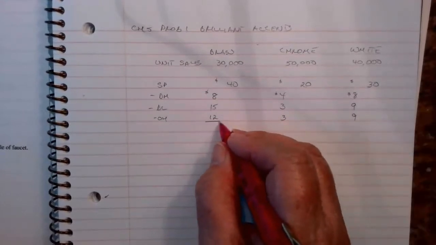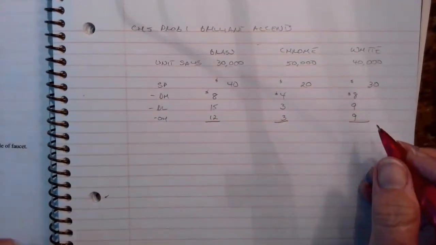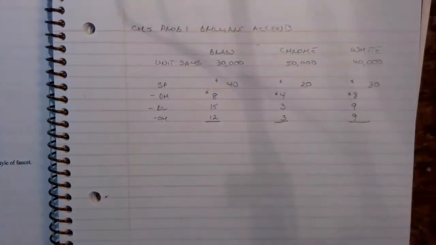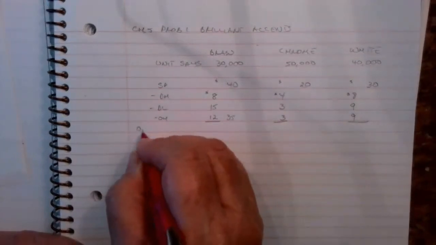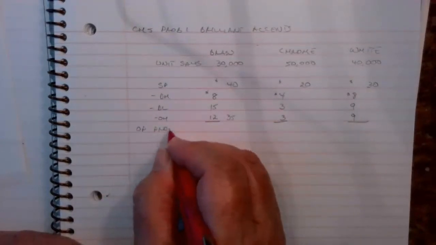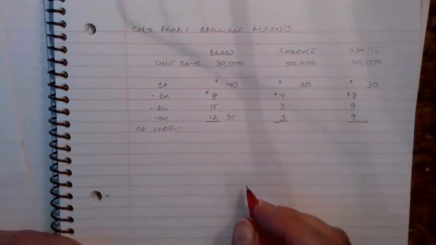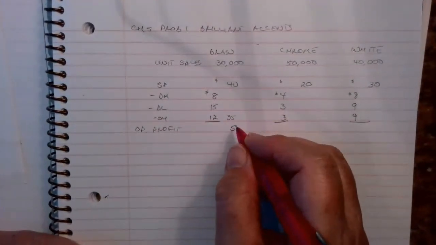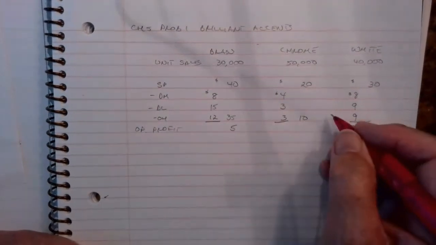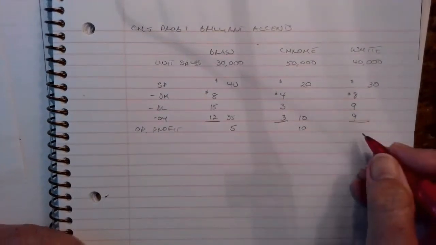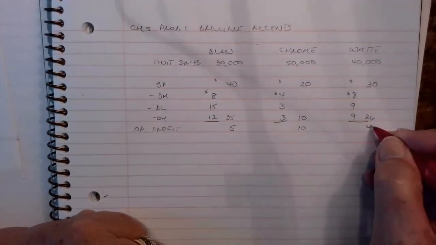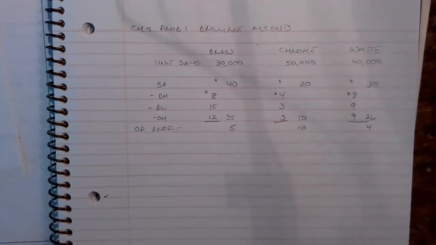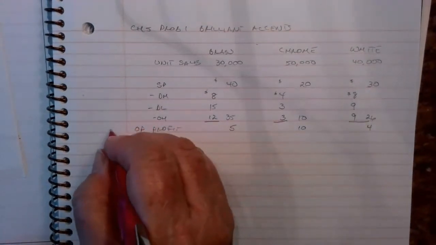So for brass I have $35 in total costs, which gives me operating profit of 5. Chrome would be $10 in cost, operating profit of 10. And for the white one, I've got $26 in cost, operating profit is 4. So this is part A.